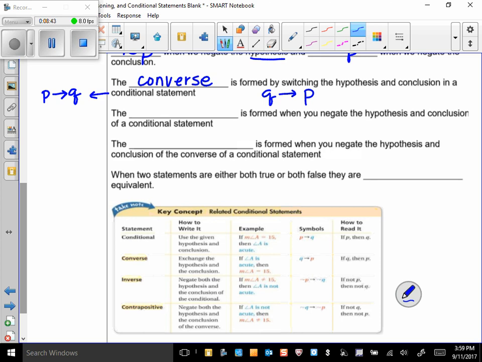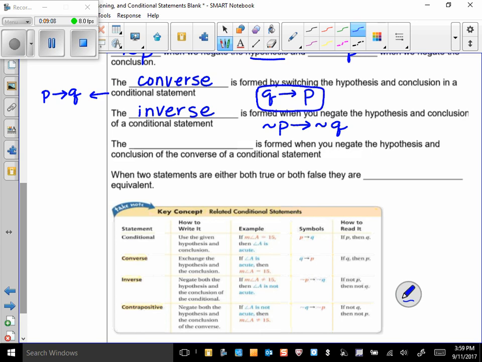Okay, what happens if I negate the hypothesis and negate the conclusion? So what's that going to look like? It's going to look like if not P, then not Q. That's known as the inverse of the conditional. And finally, if I negate the hypothesis and conclusion of the converse, okay, so here's the converse.